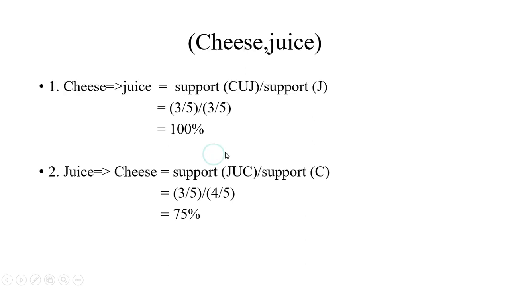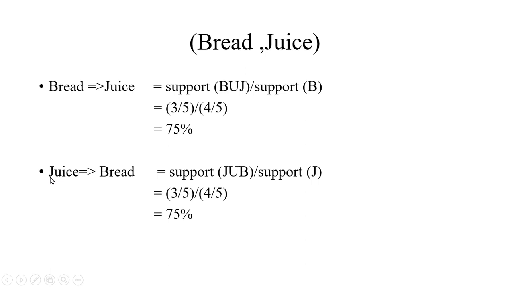Okay, now for the second rule, we can take juice to bread. Now support of juice union bread divided by support of juice. So it will be 3 by 5 divided by 4 by 5. Again it gives the same answer, that is nothing but 75%. Why is it correct?